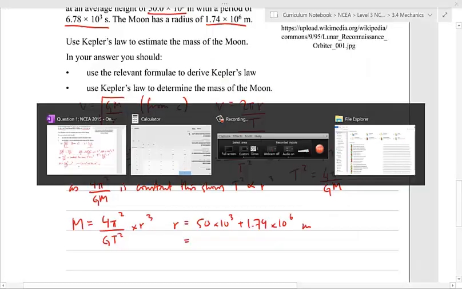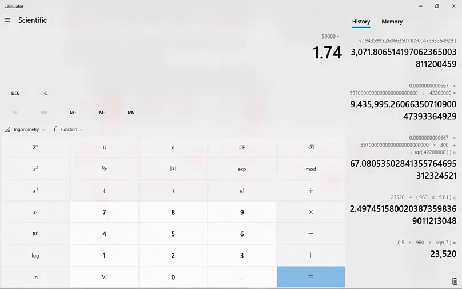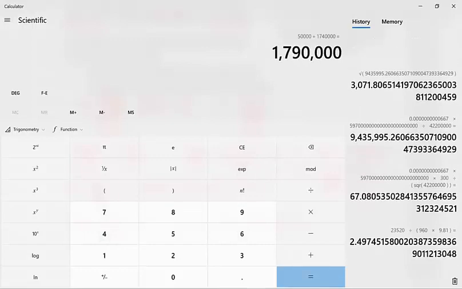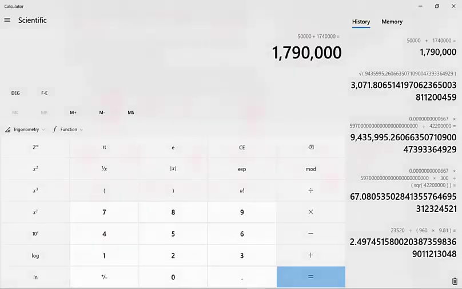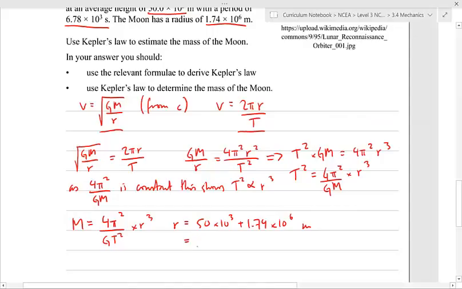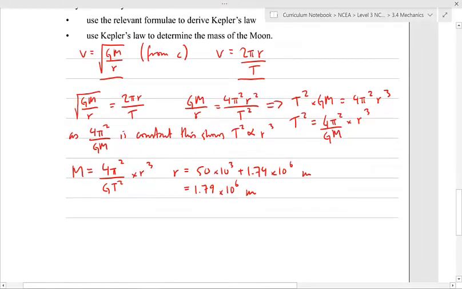Was it 1.74? It's 1.79. Oh, sorry, 1.79 times 10 to the 6 meters. So now we're ready to solve this.